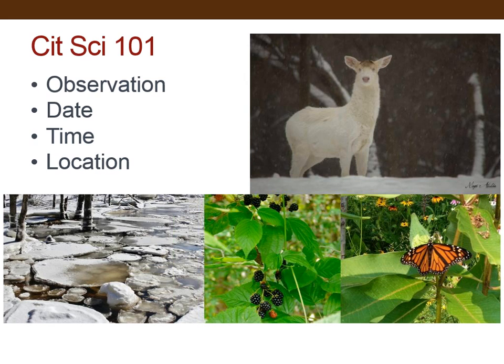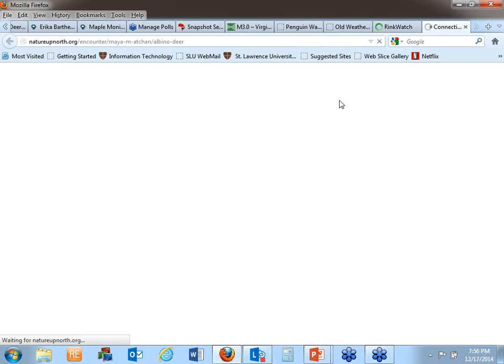They post an observation, and captured with that observation is some data on the date, the time, and the location. So each of the pictures that you see before you are examples of observations that were submitted by North Country residents. I'm going to take you to this albino deer as an example.